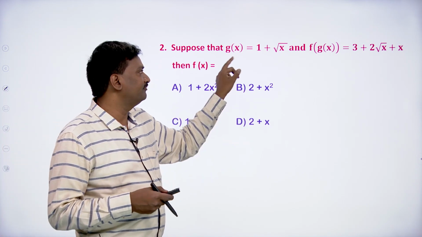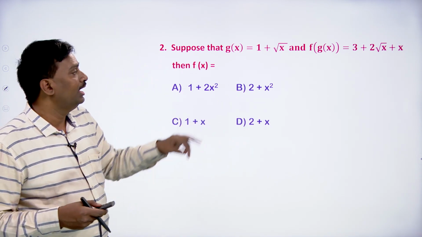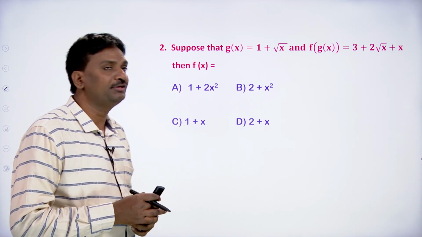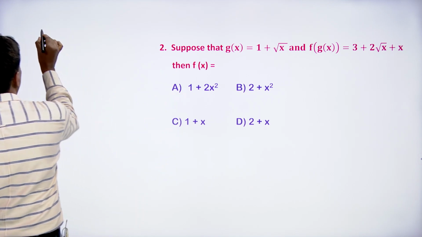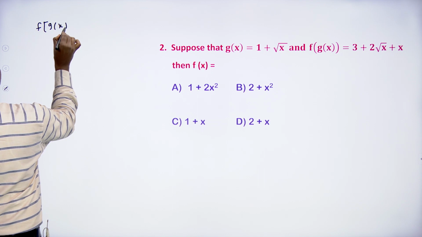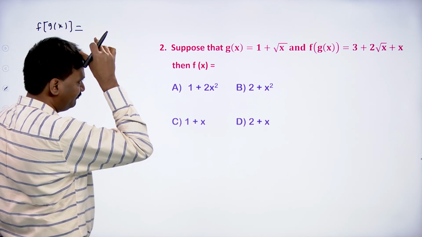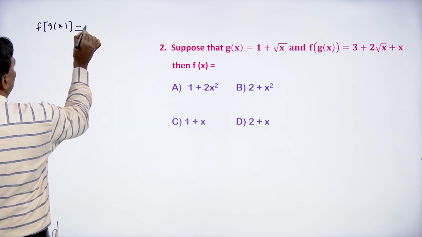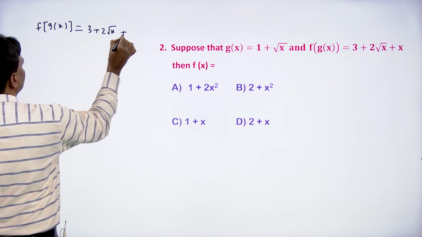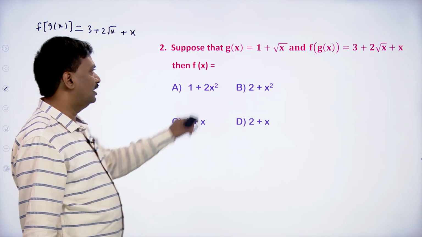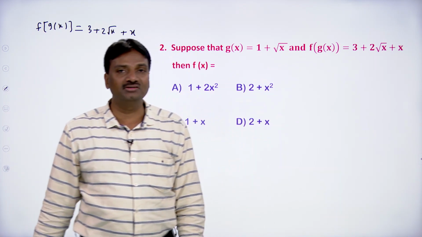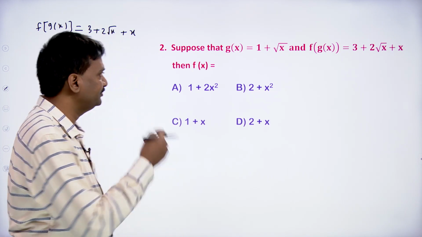So the function g of x is given as 1 plus root x and the function f of g of x is given as 3 plus 2 root x plus x. According to the problem, we have f of g of x equal to 3 plus 2 root x plus x.